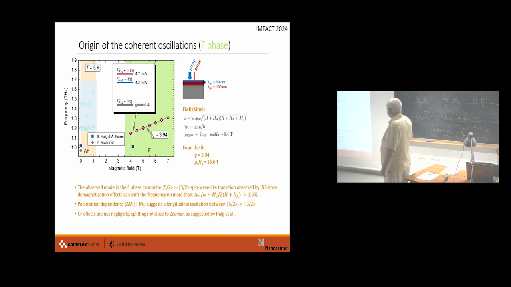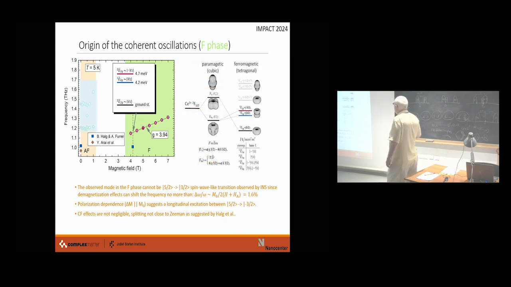magnon. So to understand what this oscillation could be, we do a symmetry analysis, and we see what kind of electronic state, basically these are bands because this is an ordered state, can be formed by the F states of cerium. And we also need to take into account that our excitation seems to be displacive.